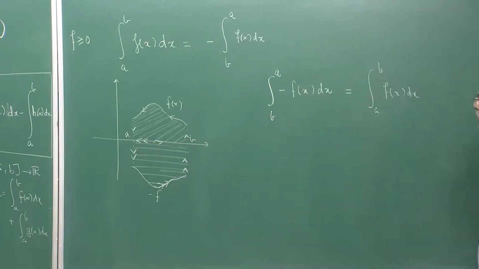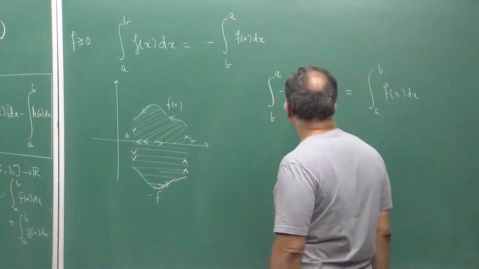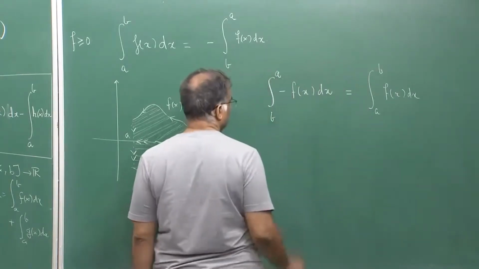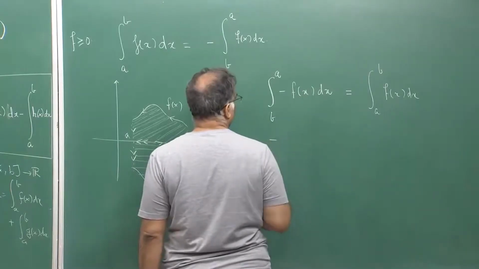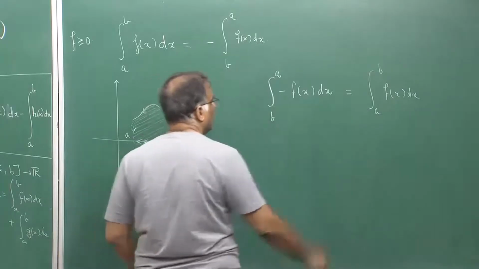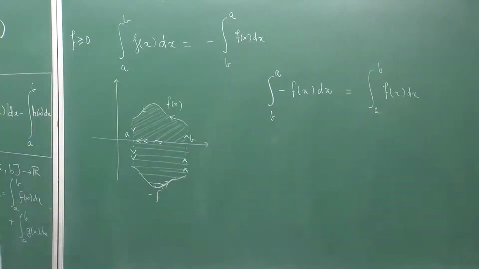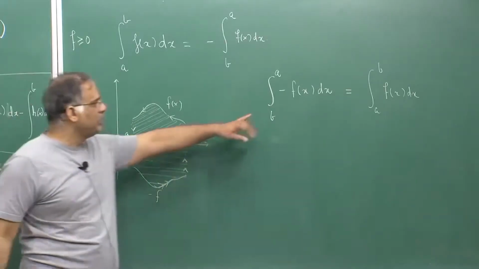So what does it mean by the formula that I can take it out? So essentially it simply means that now these two areas are same. Okay? And what does this mean?